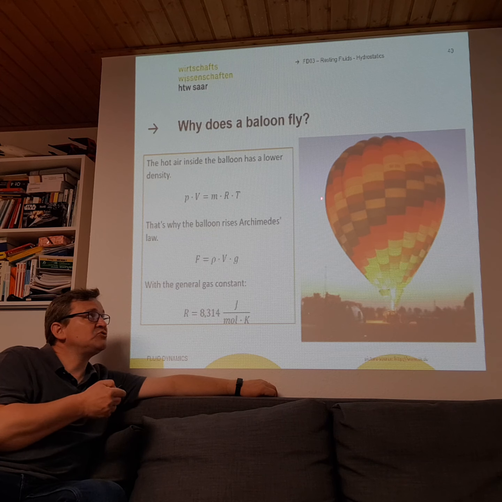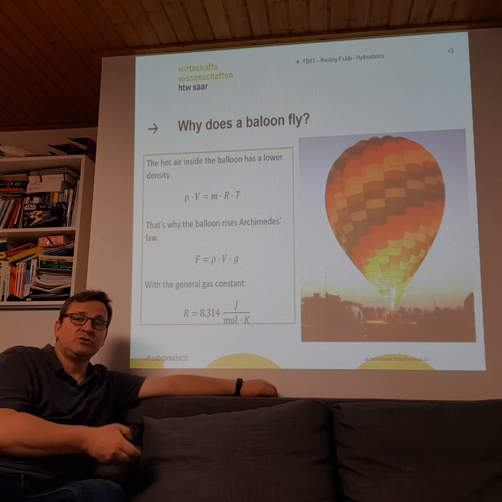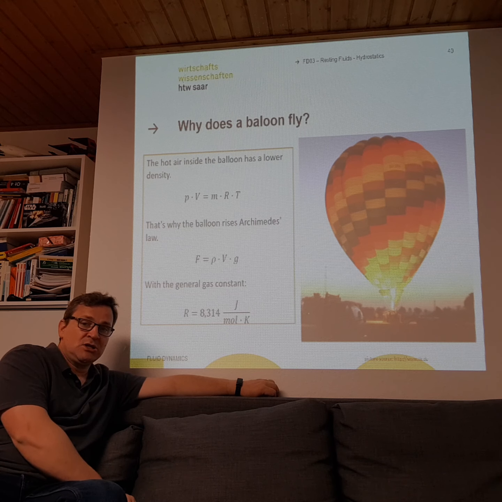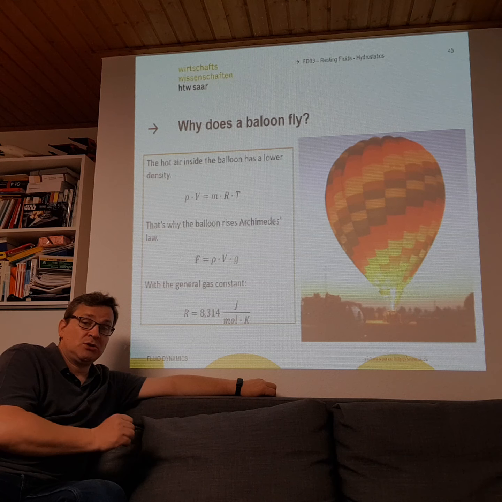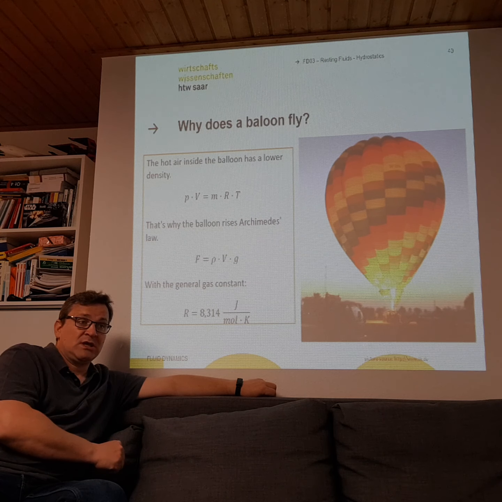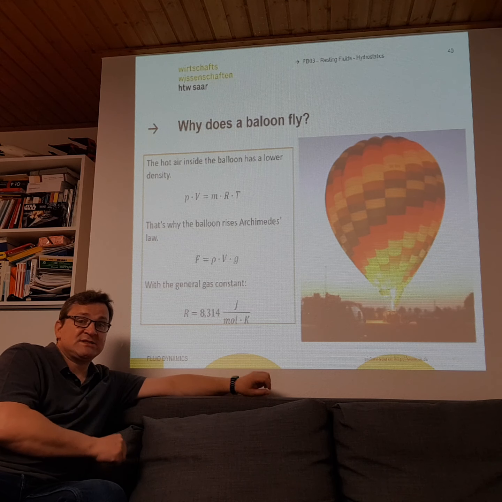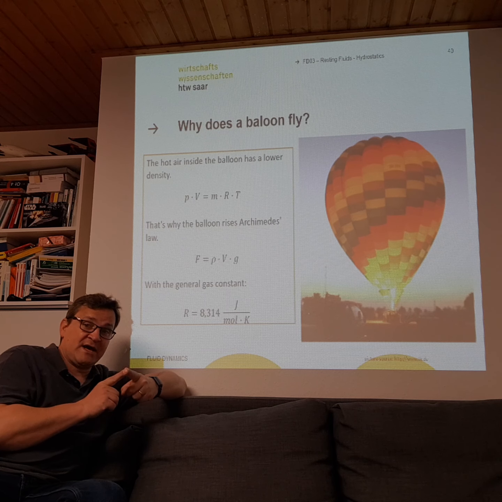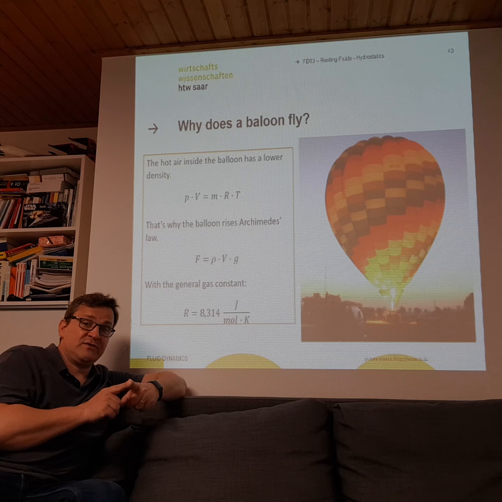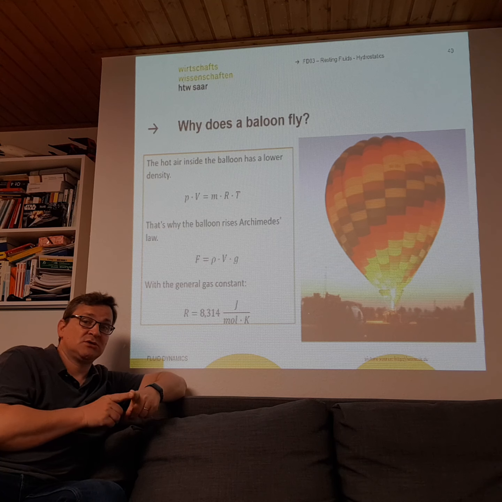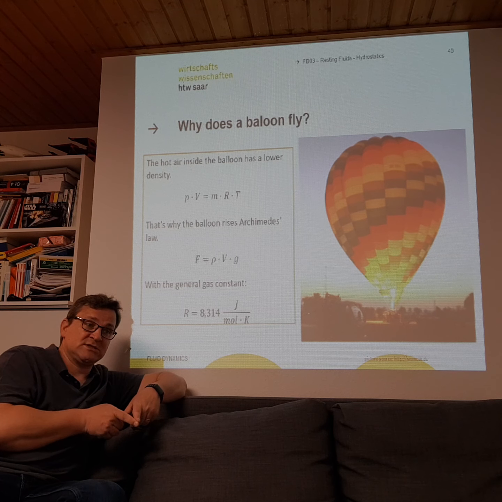We make the temperature inside this balloon higher and higher, and you've learned in the second chapter of this lecture, if the temperature of air gets higher, we get a lower density. That's also an important fact. If we have a gas and we get higher temperatures, we get lower densities.